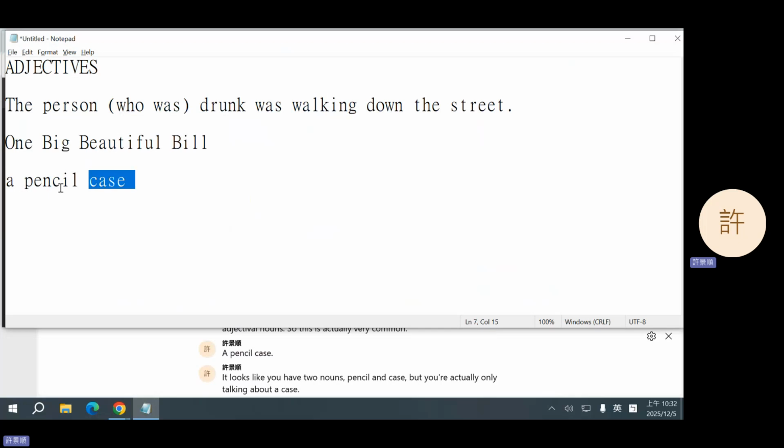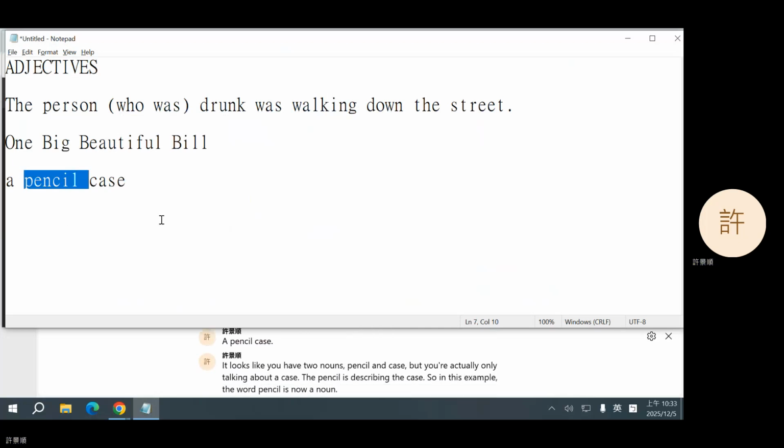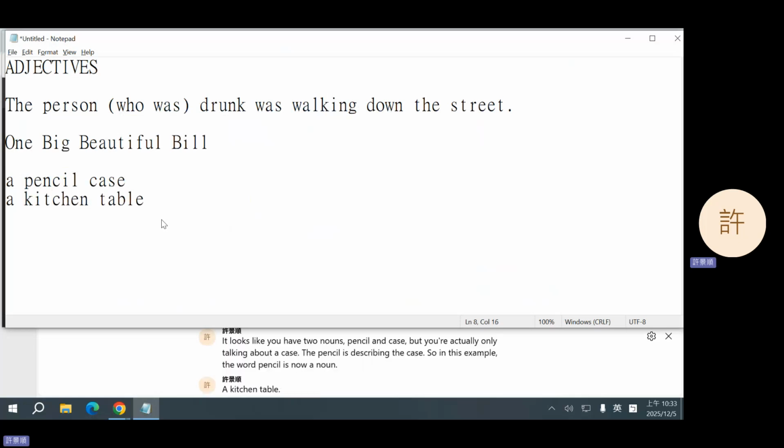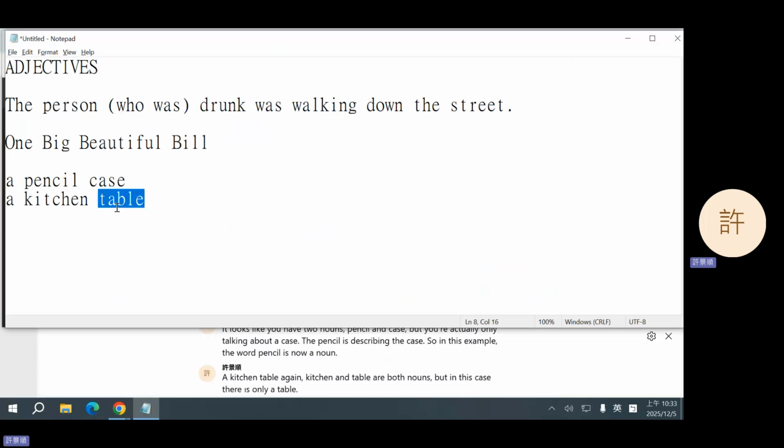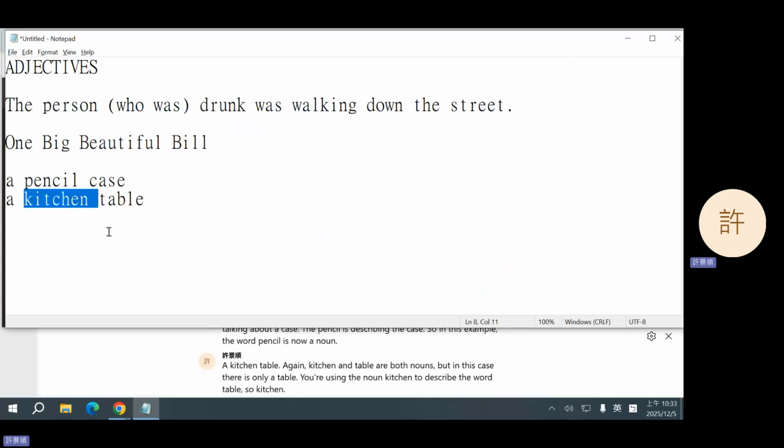The pencil is describing the case. A kitchen table. Again, kitchen and table are both nouns, but in this case, there is only a table. You're using the noun kitchen to describe the word table, so kitchen has become an adjective.